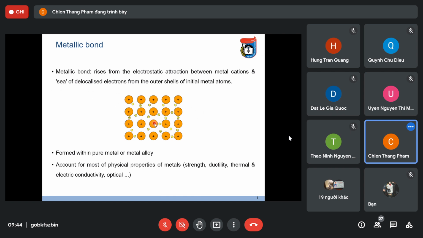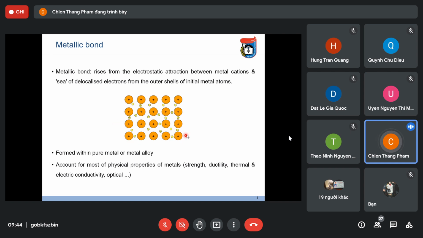From this structure, you can see that the metallic bond has characteristics of both the ionic bond and the covalent bond. First of all, there is electrostatic attraction between the positive metal ions and the negative electrons, which is a characteristic of ionic bonds.